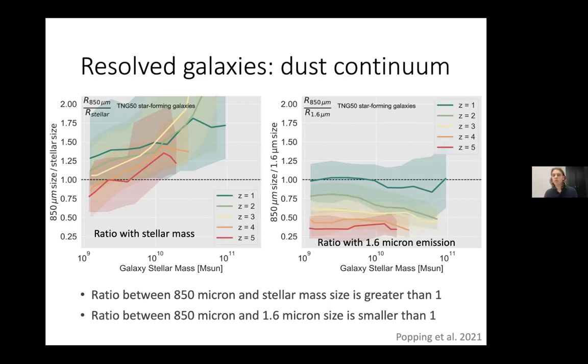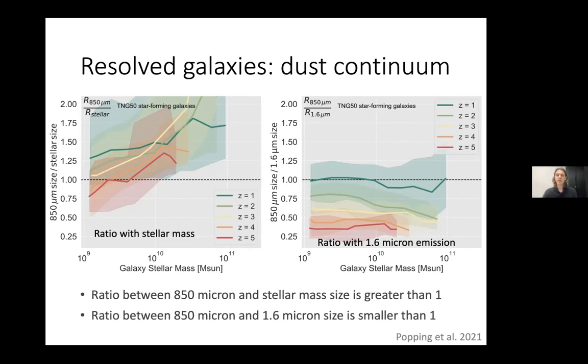It's around unity at redshift 1, and as you increase redshift, go further back in look-back time, this ratio is lower and lower and lower. So the dust continuum emission is, in the simulations, certainly more compact than the stellar emission, but it's more extended than the stellar mass. Which means that something is off between the stellar mass and the stellar emission, right?